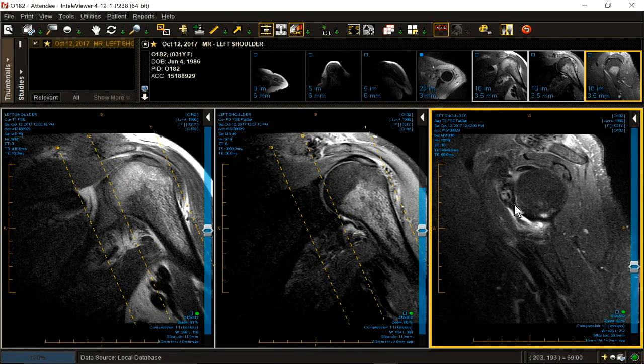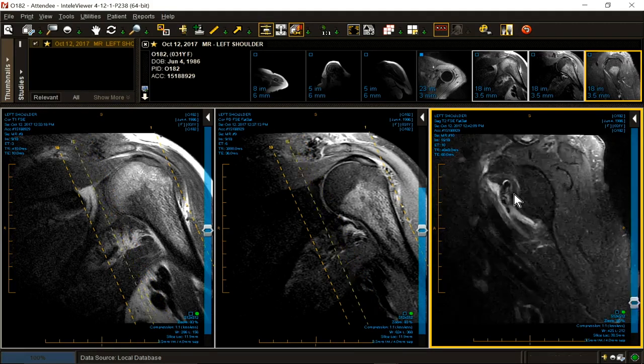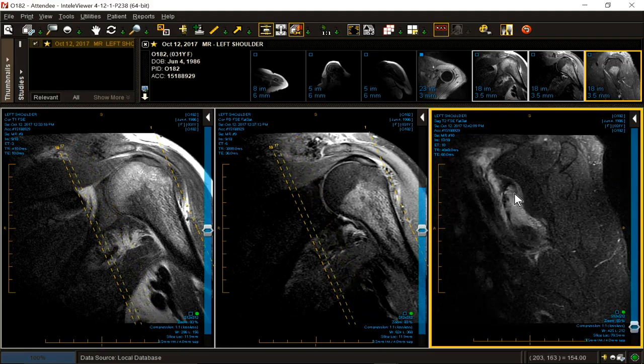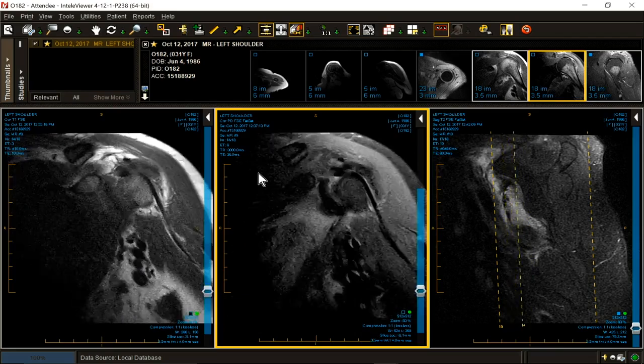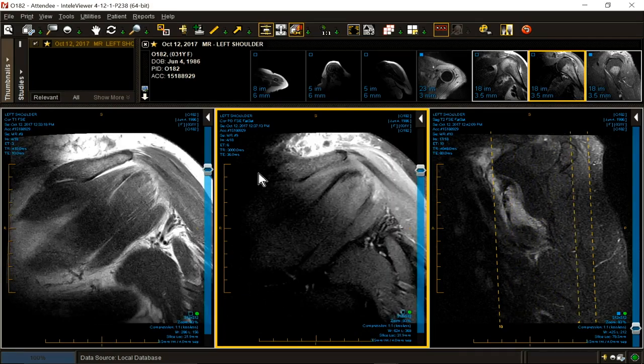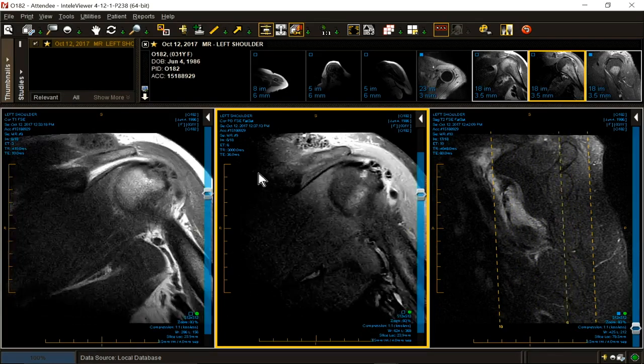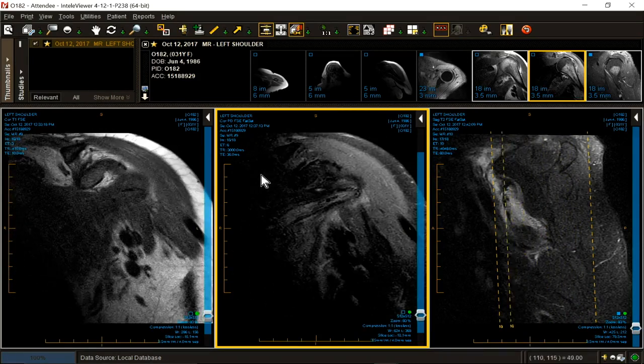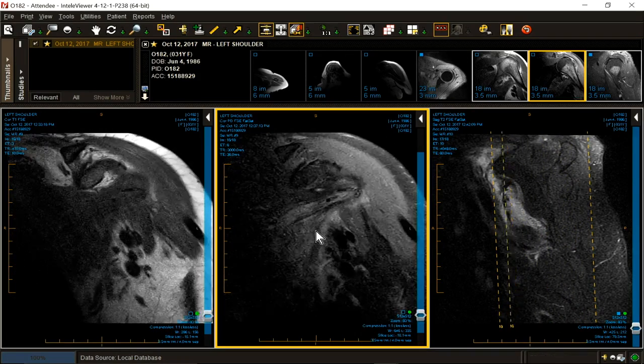Whatever this process is, it's in the subscapularis with some additional hypointensities. No, we're not done yet. Look at the front of the joint. Look how swollen it is.